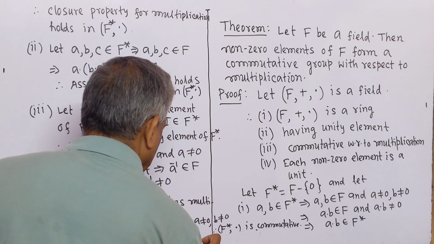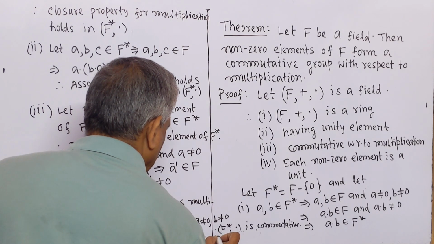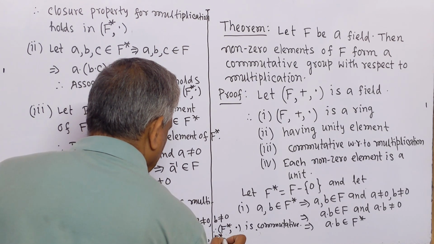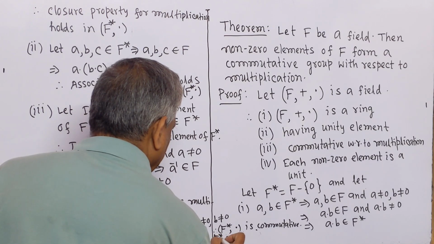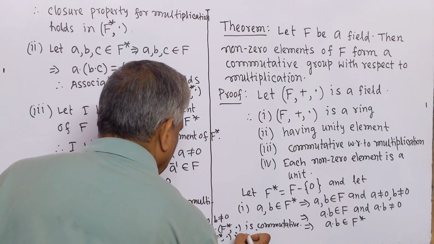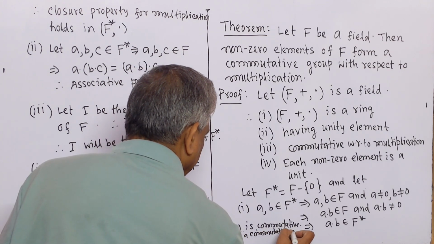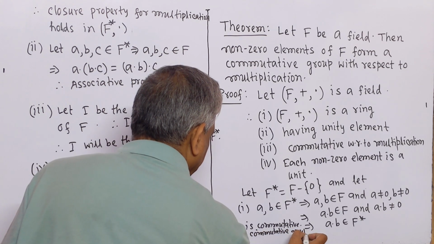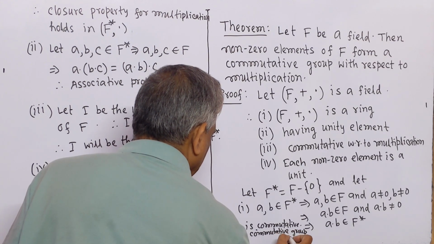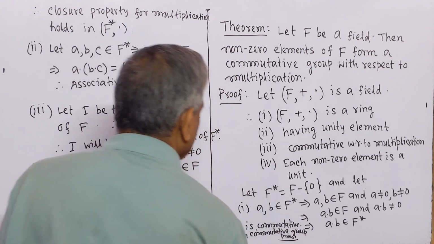Hence, F star with binary composition multiplication is a commutative group. Proved.